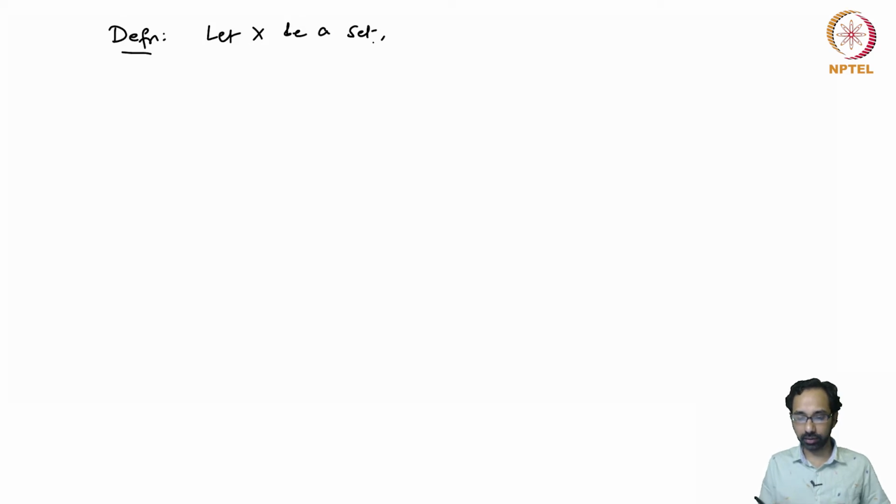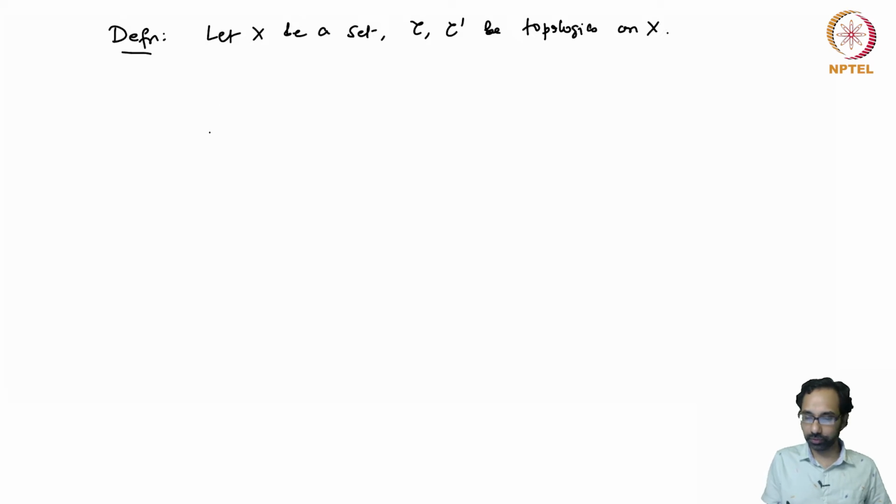So let me give a definition. Let X be a set and we have 2 topologies on this set X, tau and tau prime, be topologies on X.